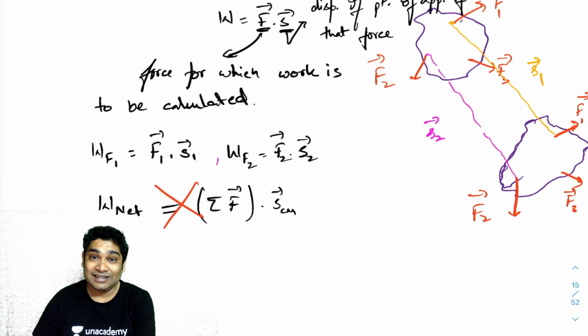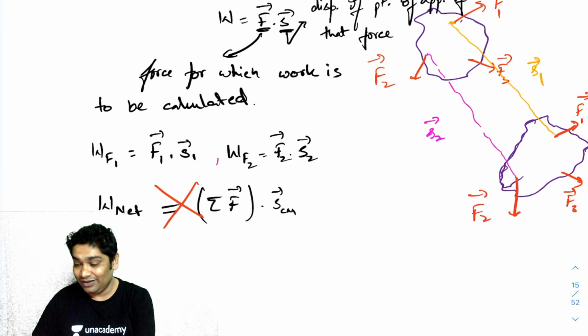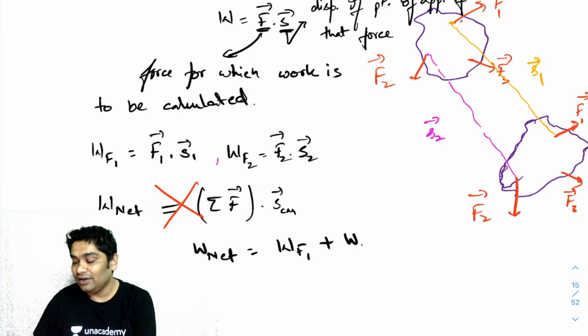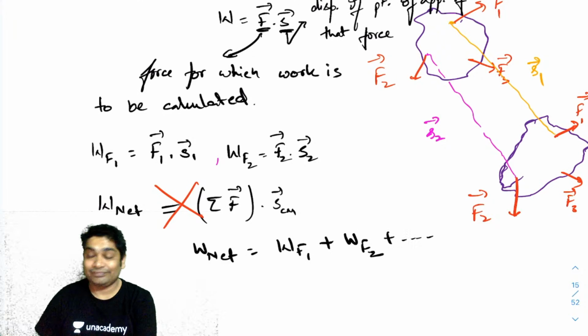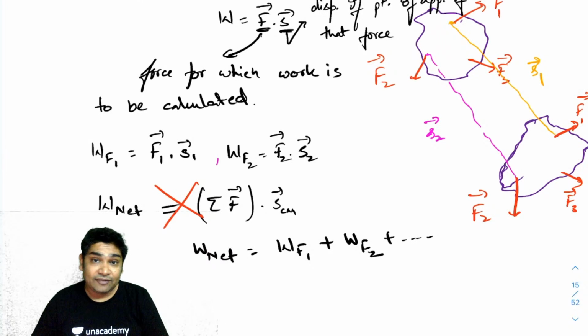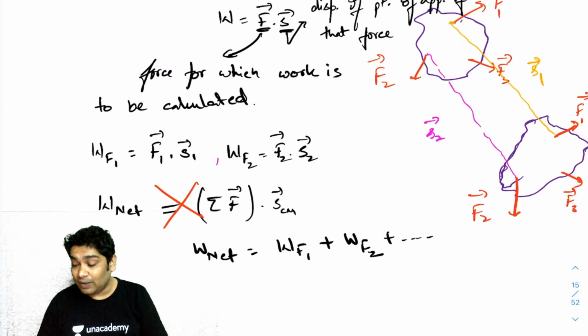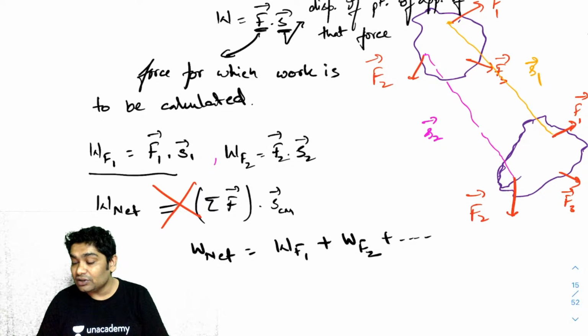So how do you find the net work? You find the work due to individual forces and then you just add them. That is the only way. So net work done by all the forces would be the summation of work done by F1 plus work done by F2 and so on. You find the work done by individual forces by this definition, and then you simply add them up.